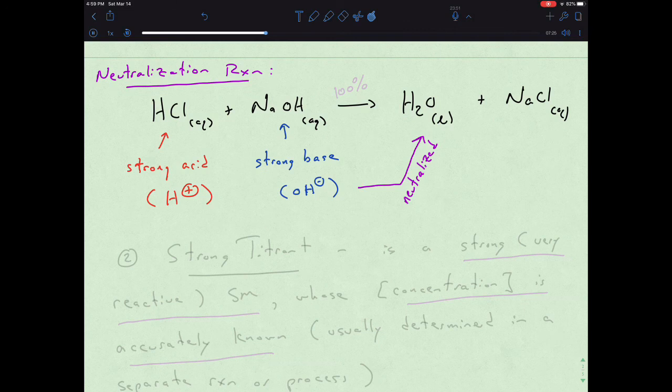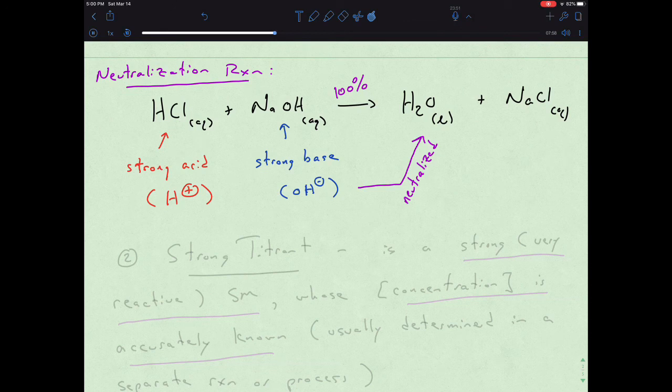Since both of these are very strong starting materials, strong acid and strong base, that's why we have 100% conversion. So I can relate moles of HCl directly to moles of H2O or sodium chloride, and I can do the same thing with sodium hydroxide. So that's the first thing that we need in terms of a titration: a quantitative reaction.